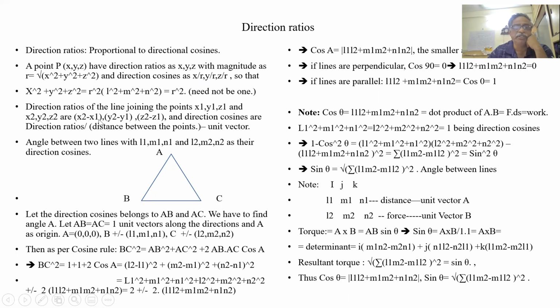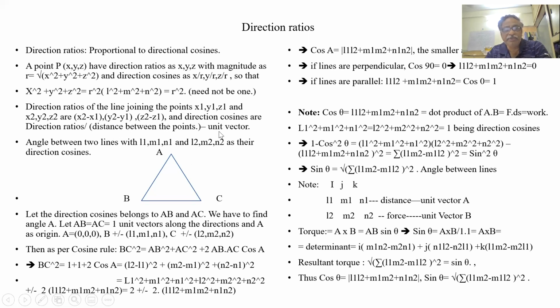Between 2 points, what are the direction ratios? What is the x distance between 2 points? x2 minus x1, y2 minus y1, z2 minus z1. These are the direction ratios, the differences of x, y and z. But what are the direction cosines? Divide by r, where r means the distance between the points. What is the distance between these 2 points? Root of (x2 minus x1) whole square plus (y2 minus y1) whole square plus (z2 minus z1) whole square.